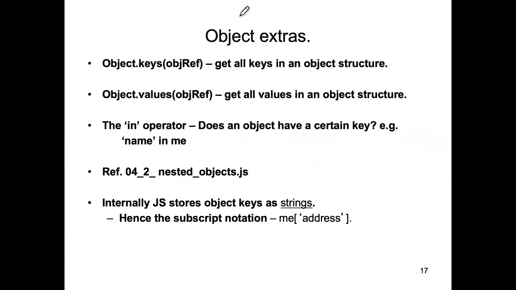Sometimes when you have objects, they're things that you don't declare yourself. Maybe you receive an object from another program or another function, or even from a web API that returns a JavaScript object to you.